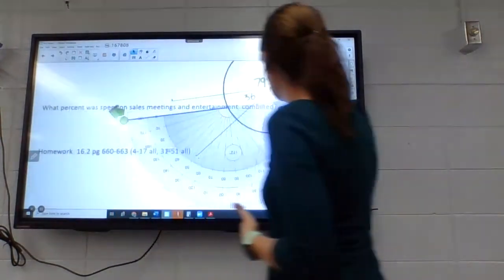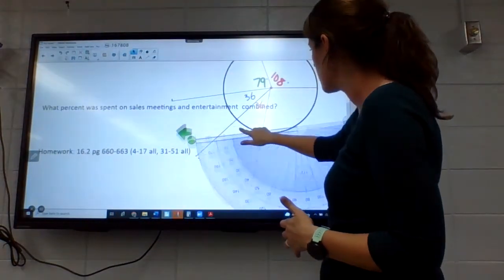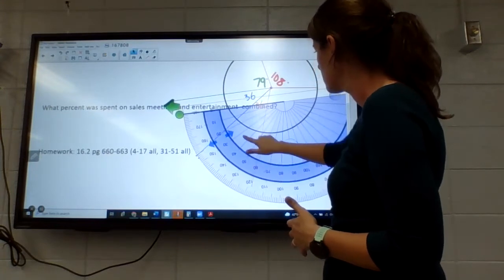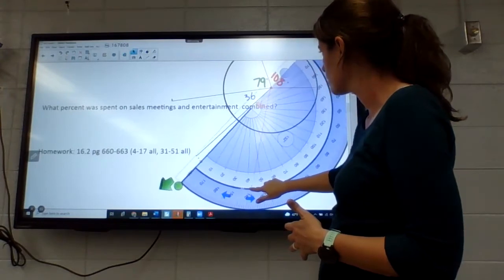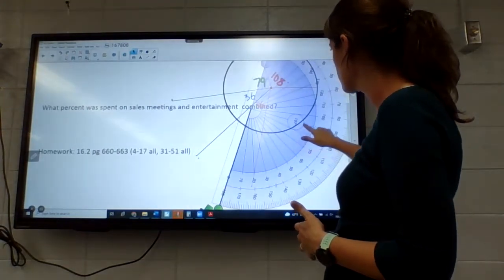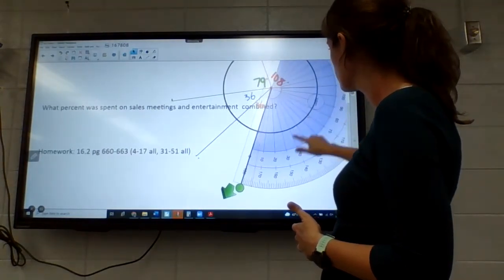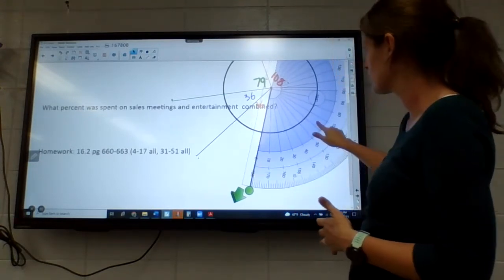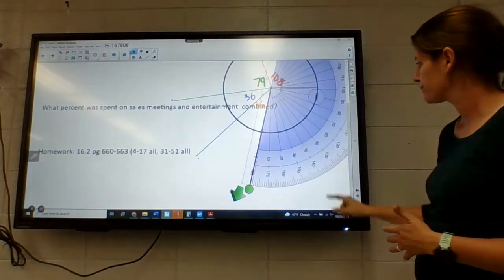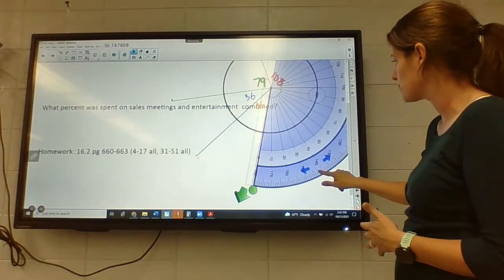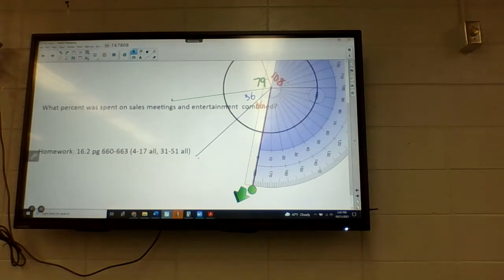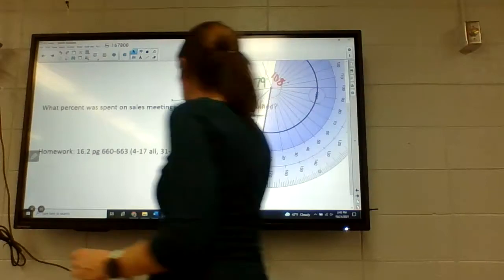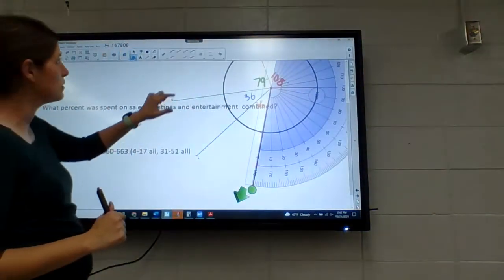So next is 72. This one's off, so I'm going to do the smaller one. 29 is my next one I'm going to do.